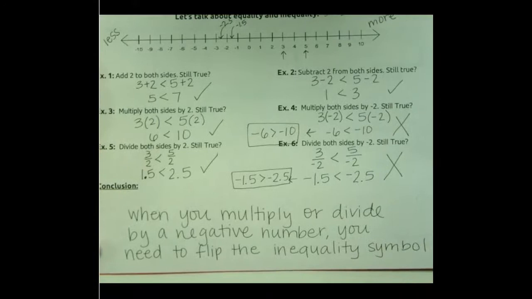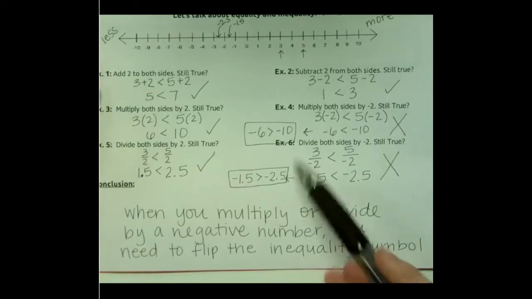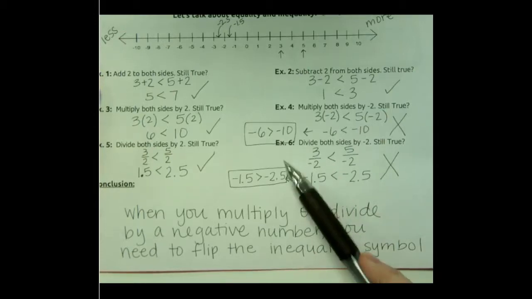Okay, I know that was a lot. If you need to pause the video, pause it and write this down. When you multiply or divide by a negative number, you need to flip the inequality symbol. And you can look at example 4 and example 6 as an example of that.